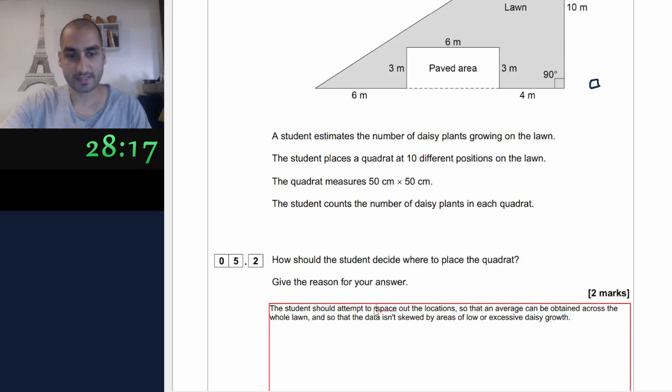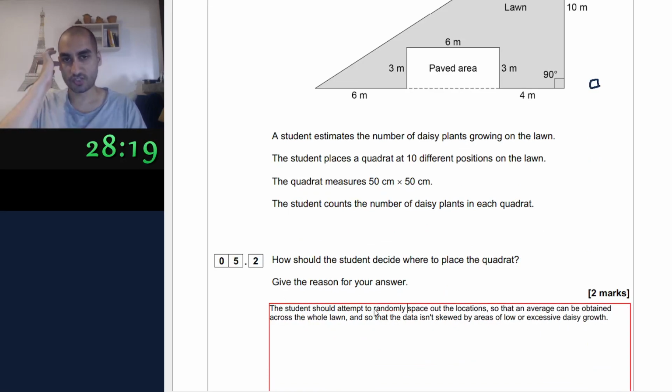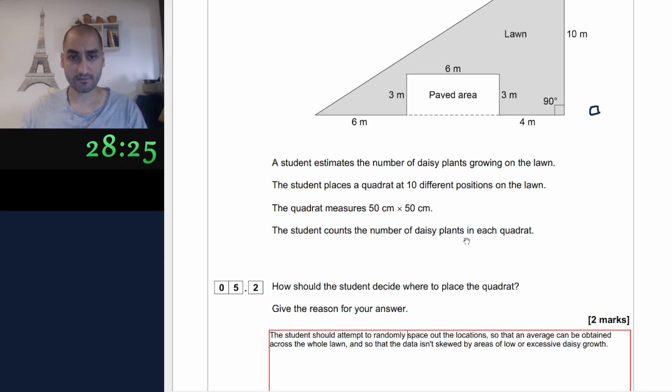I should say randomly. If he tries to locate daisies and put the quadrat there, that's cheating because you're not getting the average.